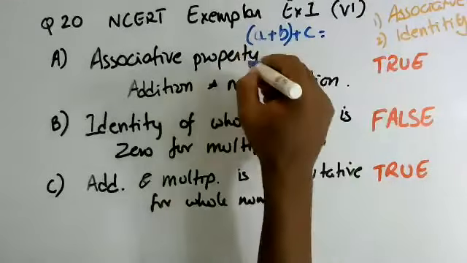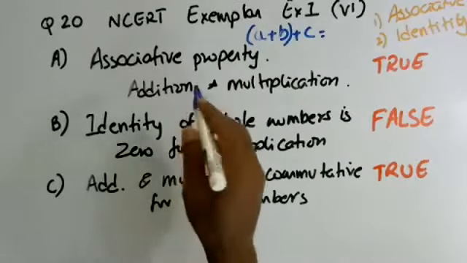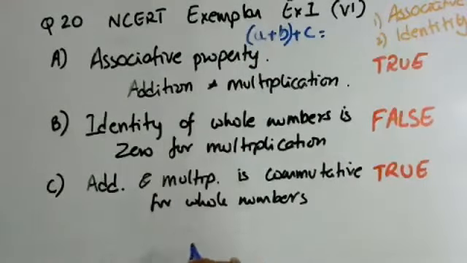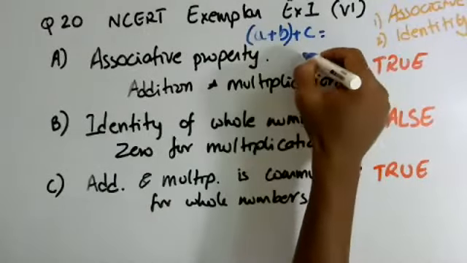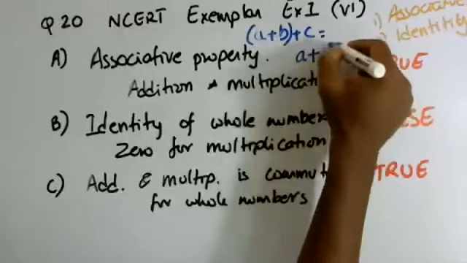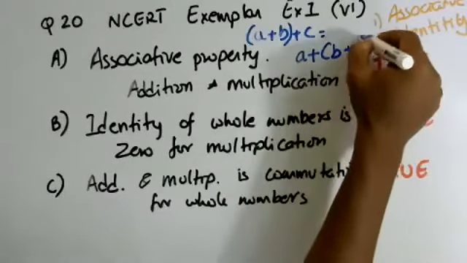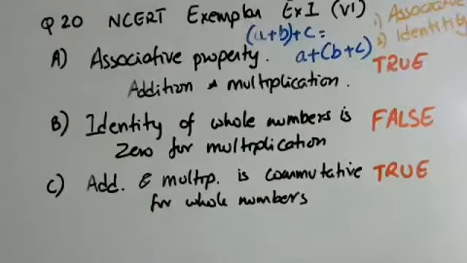So this has got more to do with the order, and this has got more to do with the arrangement of the numbers. It seems to me that they are more or less the same thing, but there seems to be a distinction. We have to understand why they make a distinction between associative and commutative properties.